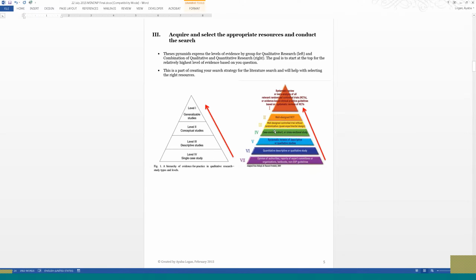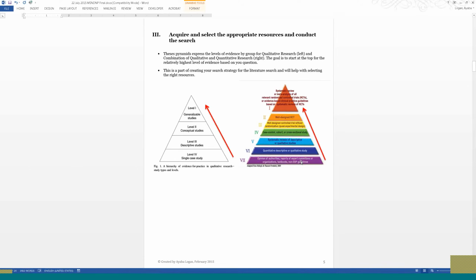The pyramid on the right side, the more colorful one, is looking at all sorts of types of literature and really trying to break that down so that it can all be put together. It's just that some of these pieces others would question, but this is the general way in which most literature goes.